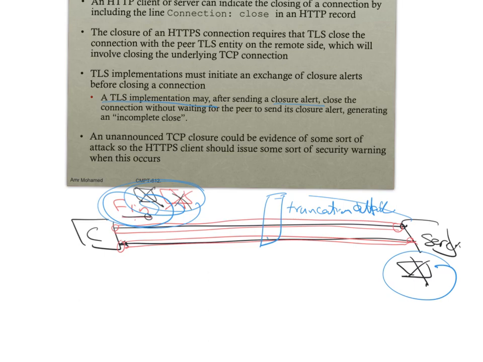Because it depends on the implementation of TLS at the client side. Just the fact that I sent a FIN message doesn't mean that I dismantle or terminate the security context. I cannot terminate the security context until I get a confirmation from the server that indeed the server has received. And of course, this is done through a secure channel, so no one can break in.